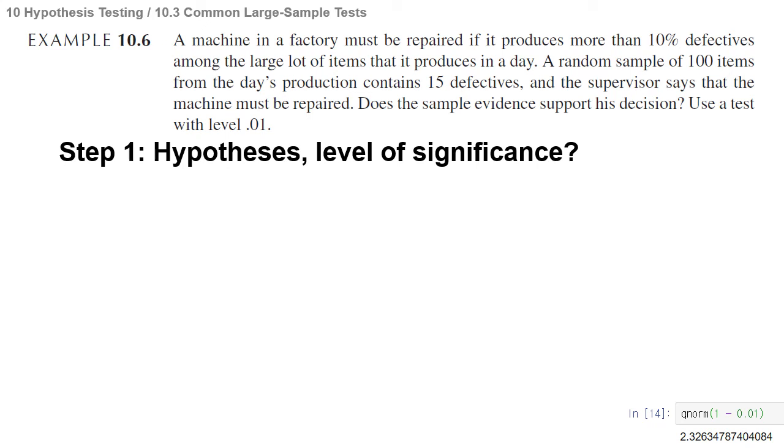The supervisor says the machine in the factory must be repaired if the defective production is more than 10%, and we should repair. So the hypothesis is that H0 is P equals 0.1, and HA is P is greater than 0.1.